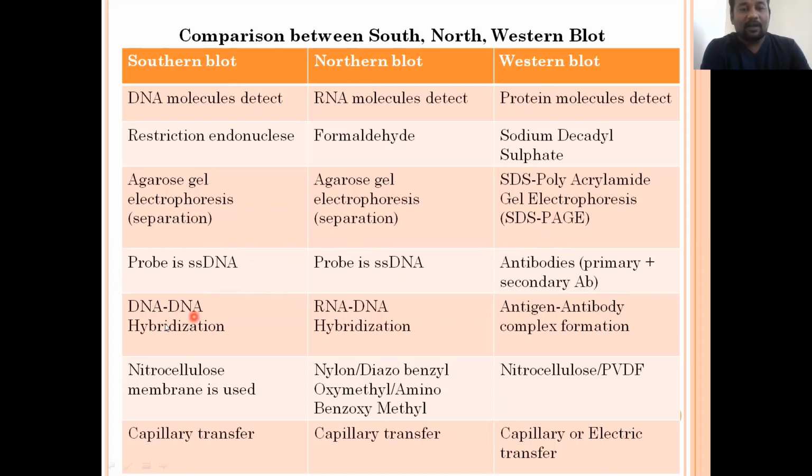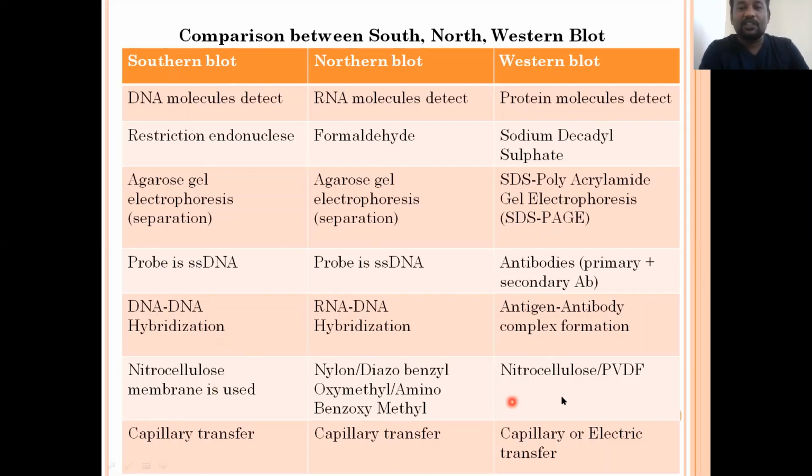The product of identification in Southern blot is based on DNA hybridization. In Northern blot, RNA-DNA hybridization. So in nucleic acid blotting techniques, Southern blot has a DNA-DNA hybrid and Northern blot an RNA-DNA hybrid. But in Western blot, it is an antigen-antibody complex.